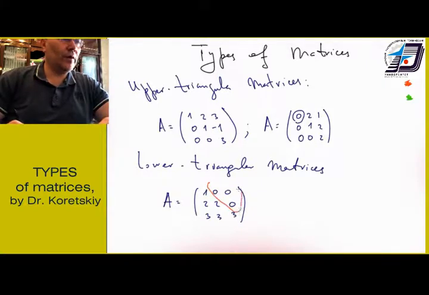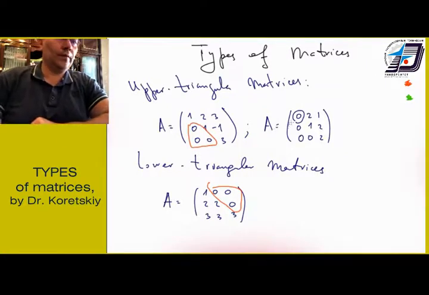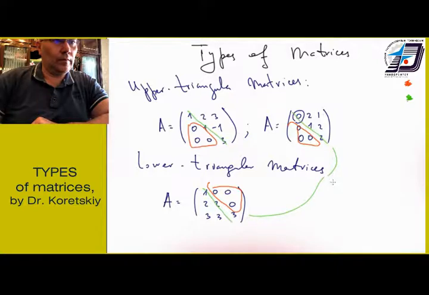Here we have the inverse situation, when all elements below the main diagonal, or leading diagonal, of the matrix are non-zero.